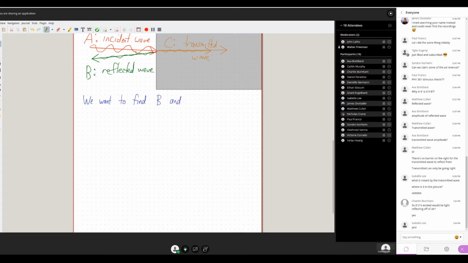So we want to find B and C as functions of A. What tools do we have?